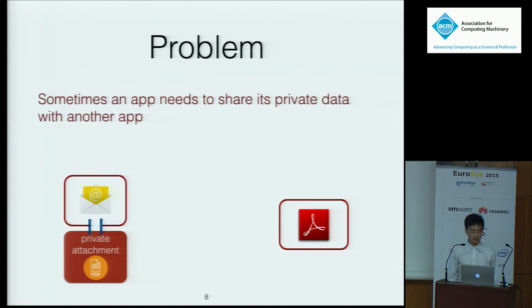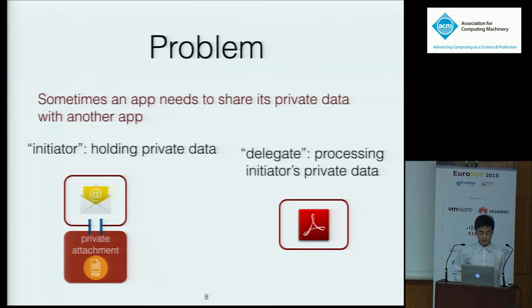However, the email app has no ability to open this PDF file, so you have to leverage another app, Adobe Reader, to open it. In this scenario, we say the email app is the initiator, which means the app that holds the private data to share. And Adobe Reader is a delegate, which means the app that processes the private data received from its initiator.